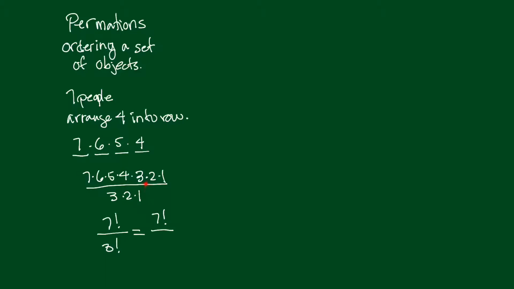Well, that came from up here when we multiplied by 3, 2, 1. So I got the 3, 2, 1 by doing this. I started out with 7 objects. I arranged 4 of them. So out of that 7, I subtracted out the 4 that I'd already used, and that left me with 3, 2, 1. So I'm going to write this now like this: 7 minus the 4 that we'd already taken out, factorial.